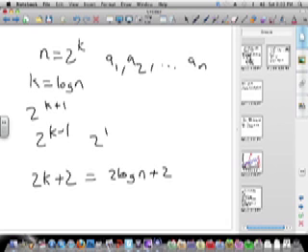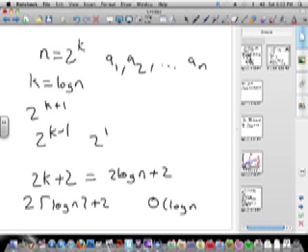So at most, there are 2 times the ceiling of log of n plus 2 comparisons used, which is the worst case scenario. So the complexity is big O log of n.